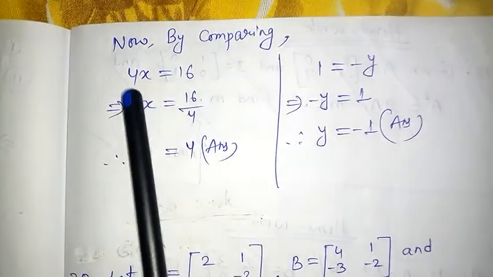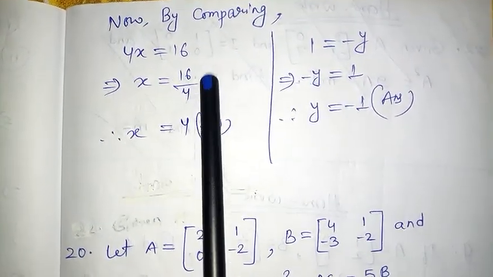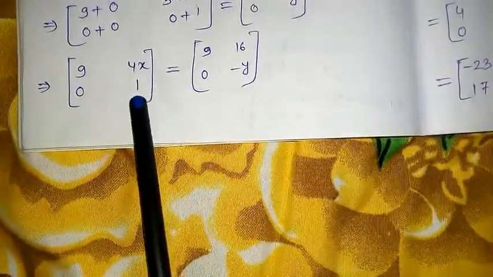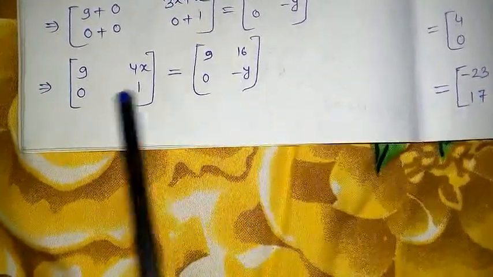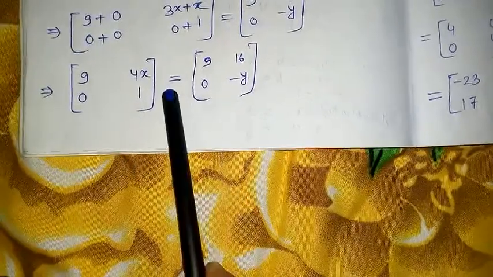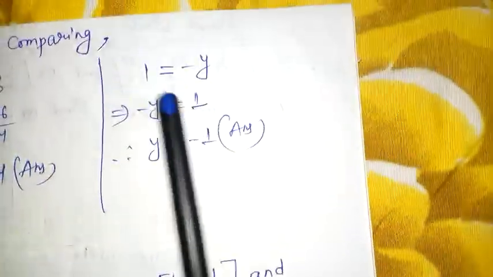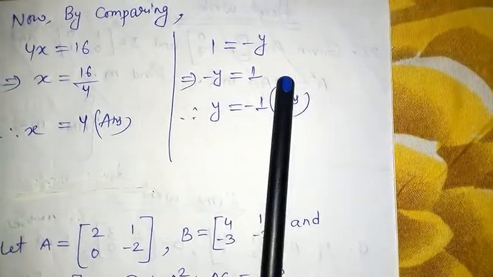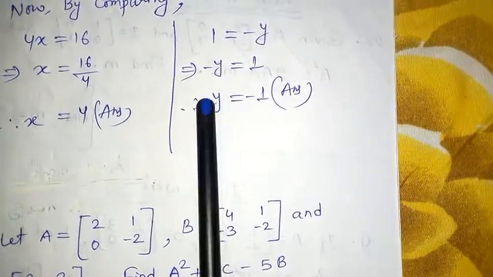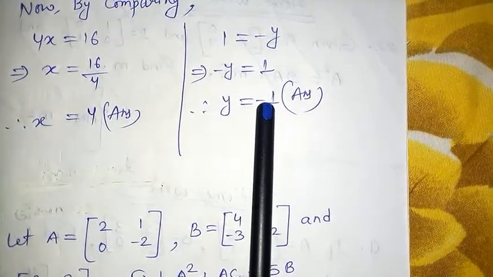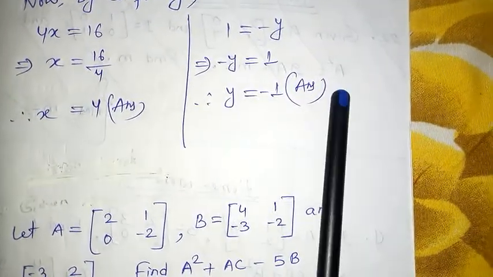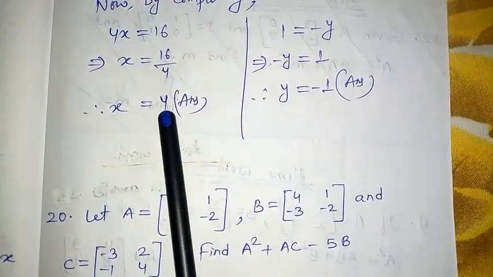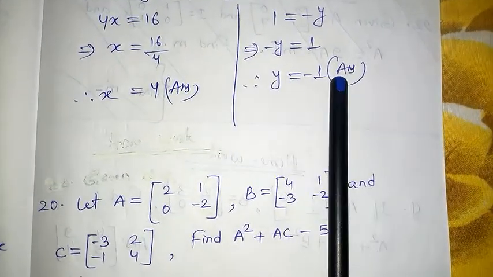So after comparing, 4x equal to 16, x equal to 16 by 4, x equal to 4 is our answer. And if I compare the y with 1, then it will be 1 equal to minus y. I can interchange and write minus y equal to 1. Therefore y equal to minus 1. So we got the value of x as 4 and y as minus 1.